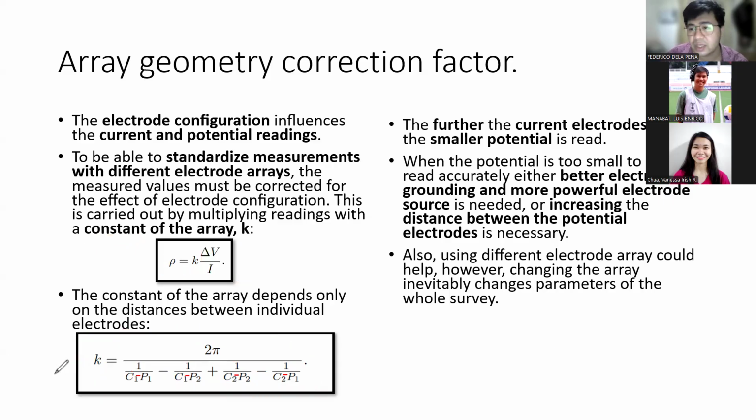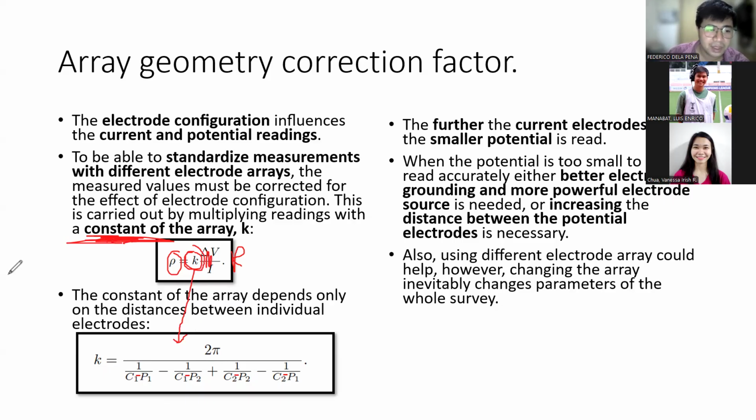The only thing you need to remember is that your resistance is related to your resistivity by your array constant. And this is actually not really a constant because it always differs. It's really more of a geometric correction factor, which will depend on the distances between your electrodes.